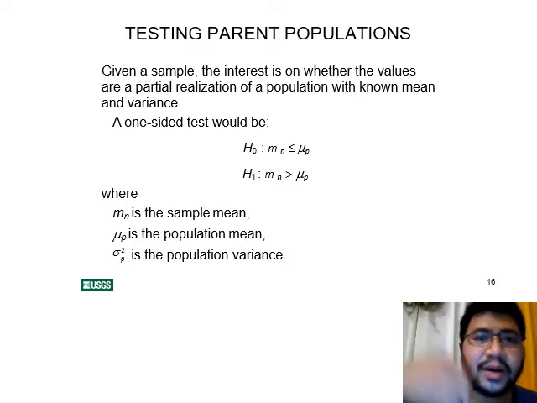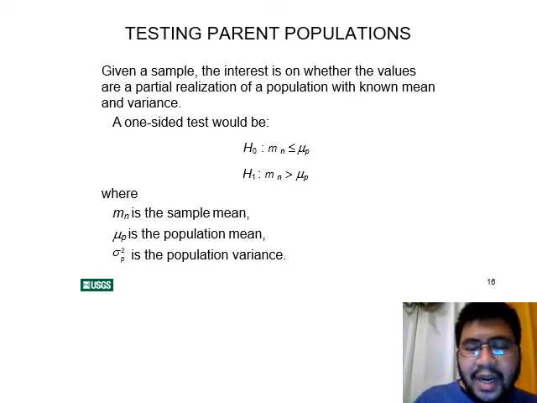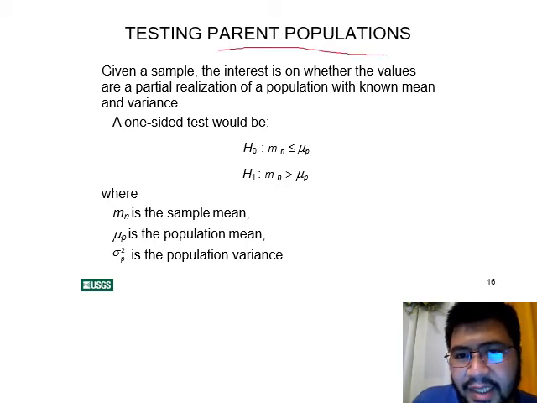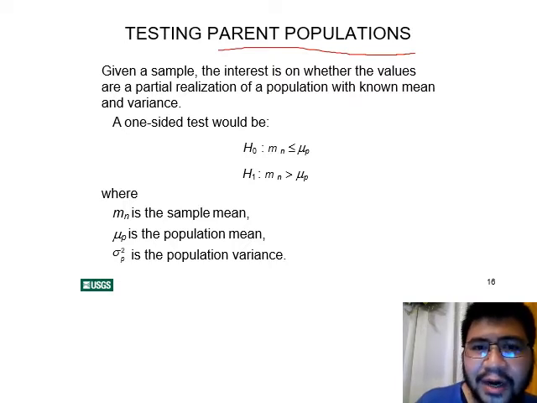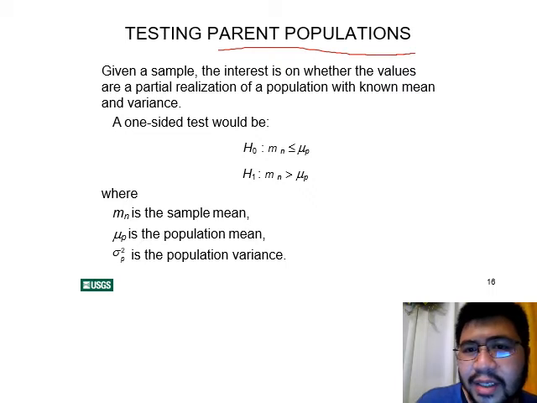Now, let's talk about testing parent populations. Okay, so this testing is just a subset of what we call the one sample t-test. In a one sample t-test, the test variable's mean is compared against a test value, which is a known or a hypothesized value of the mean in the population.